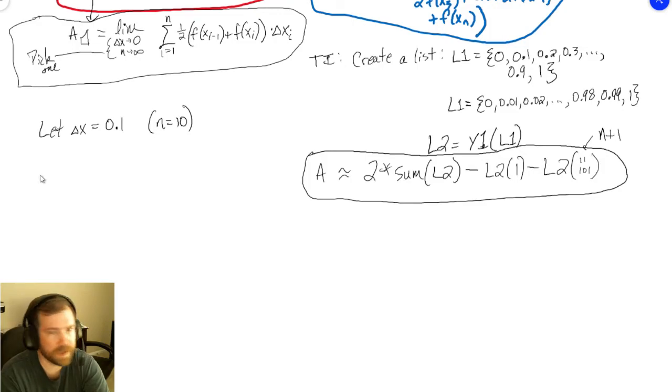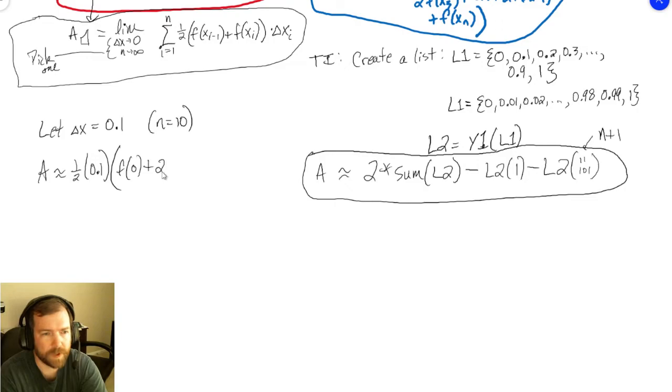Then again, looking at this, the area is going to be approximated by 1/2 times 0.1 times f at 0, plus twice f at 0.1, plus twice f at 0.2, all the way out to plus twice f at 0.9, plus 1 f at 1.